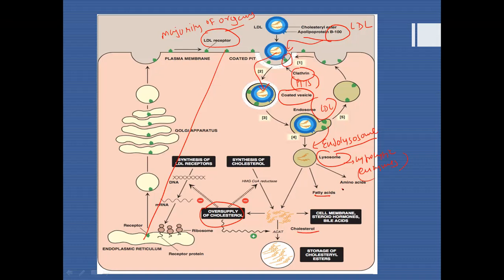The protein part will be hydrolyzed into amino acids. The cholesterol will be utilized for the formation of the cell membrane, steroid hormones, fat soluble vitamins, bile acids, etc. And for storage purposes, this cholesterol will be esterified and stored in the form of cholesterol esters. So this is the way this LDL works.